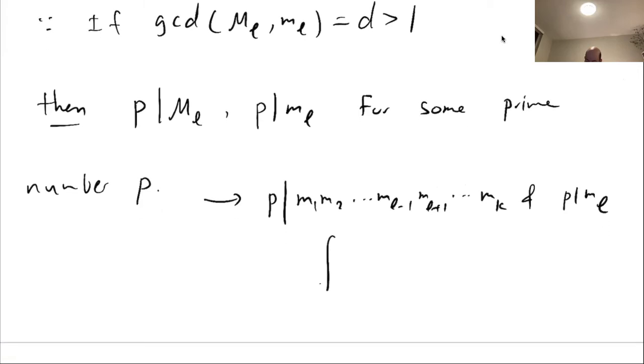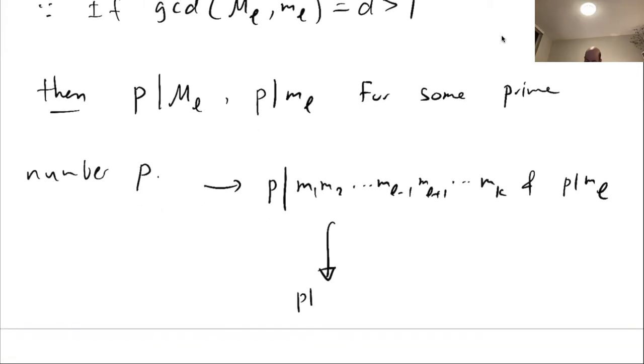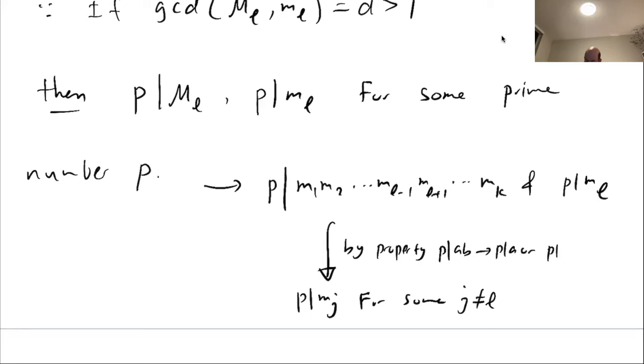Now this implies that P divides MJ for some J, by the property that if P divides AB, then P divides A or P divides B.